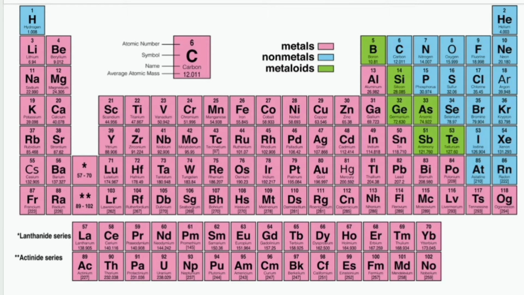And one more, what about the green color? The green represents metalloids, because metalloids show both the properties of metals and non-metals. But today we are going to discuss only the physical properties of metals and non-metals. Okay, so let us move on.